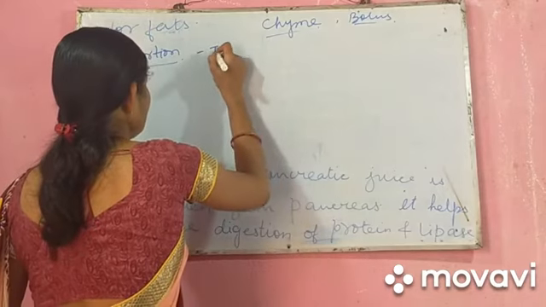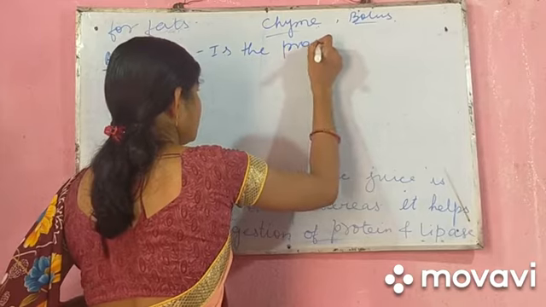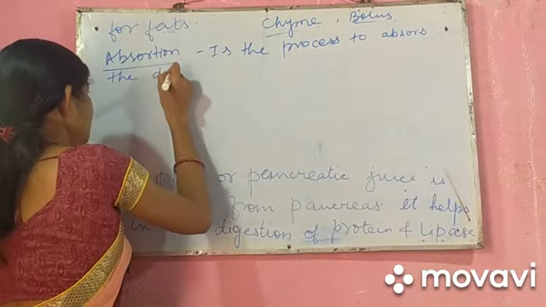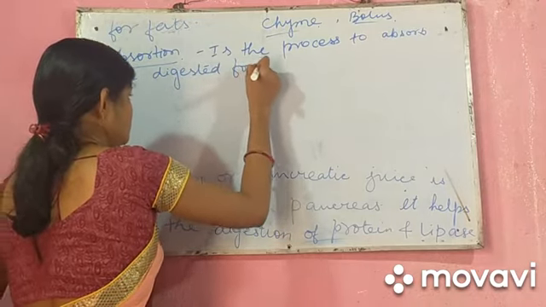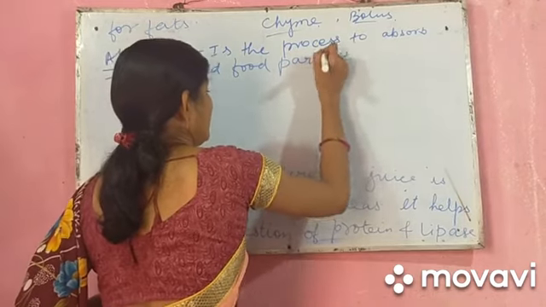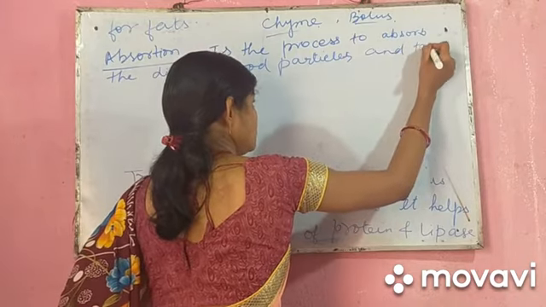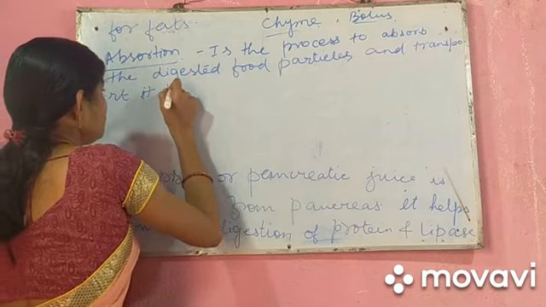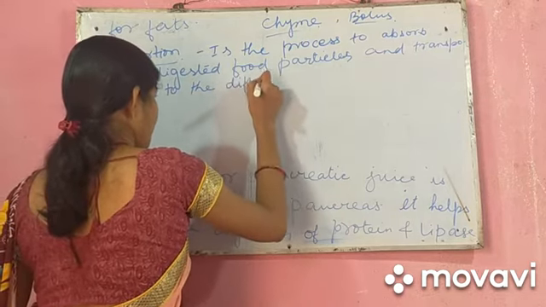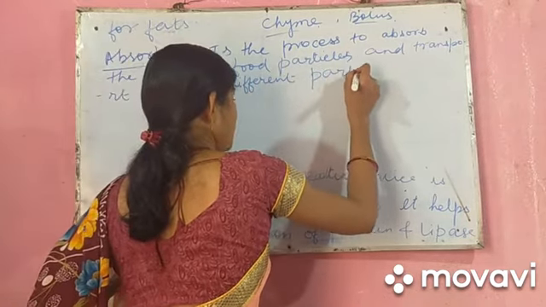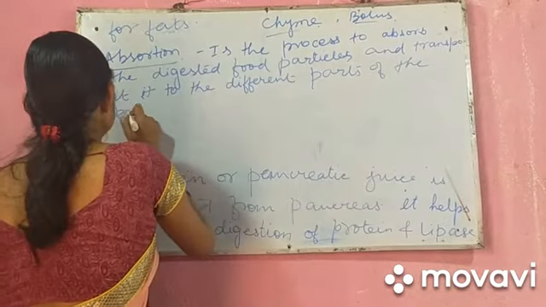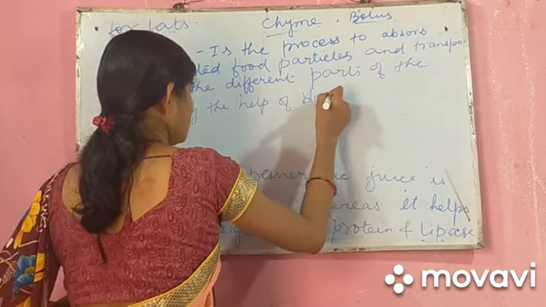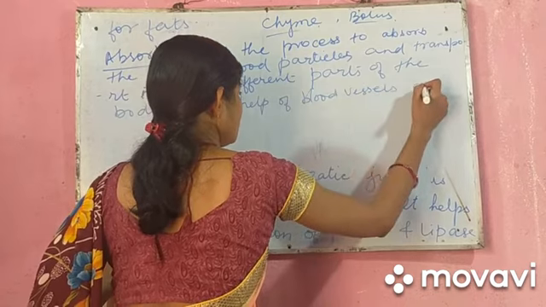So absorption is a process to absorb digested food particles and transport it to the different parts of the body by the help of blood vessels and lymph vessels.